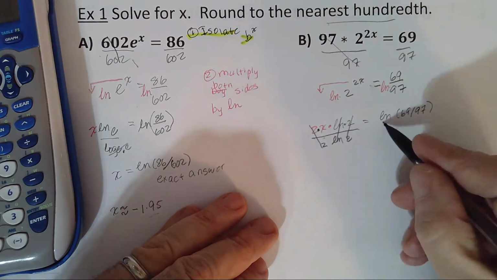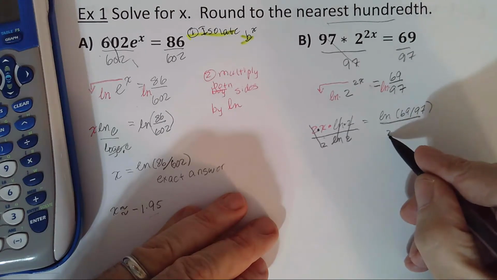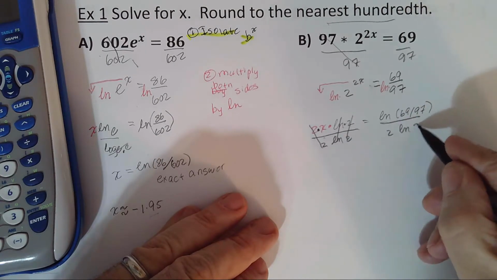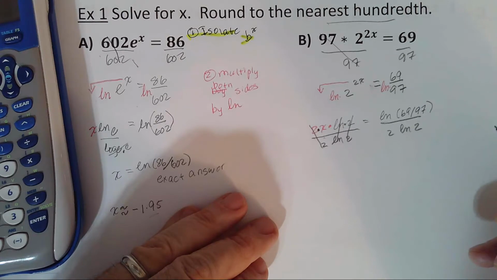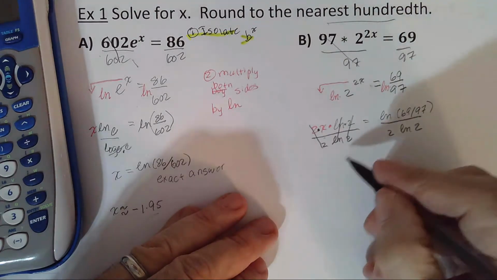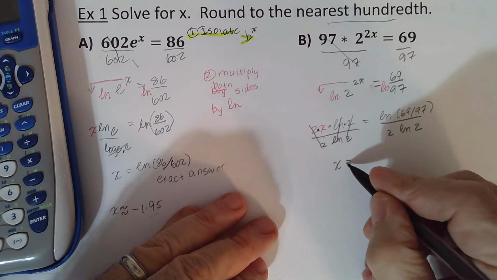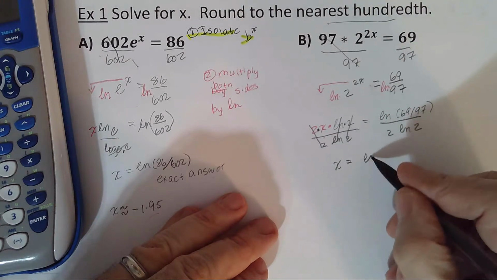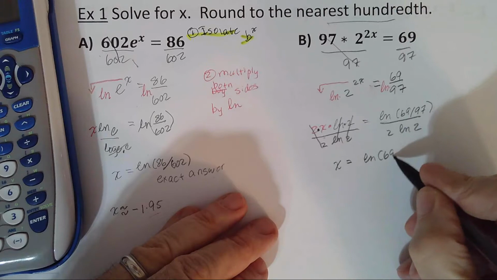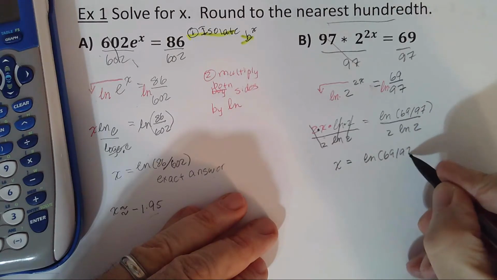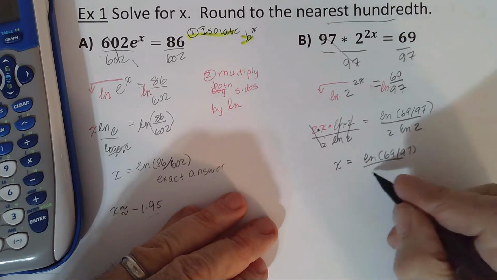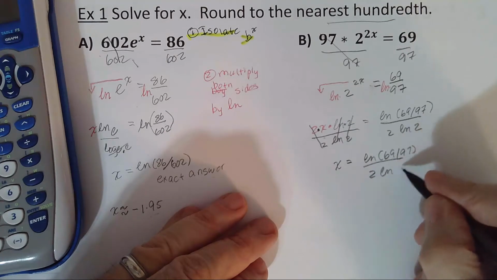I'm going to divide over here by 2 times natural log of 2. Okay? And so now I have left x, and that's going to equal the natural log of 69 divided by 97, divided by 2 times the natural log of 2.